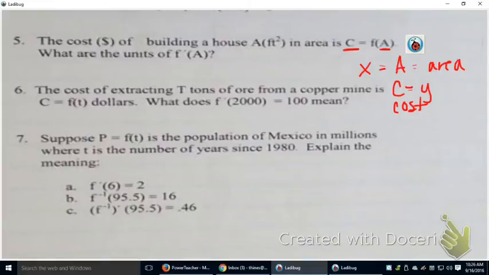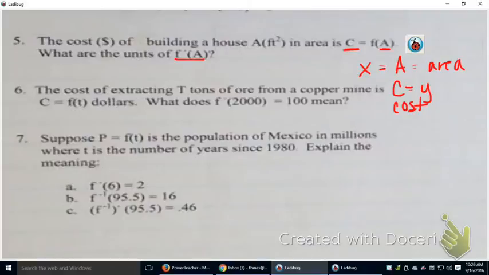So if I want to talk about the units, it's a rate of change. F prime of A represents a rate of change. It's how fast whatever Y is changing. So F prime represents how fast the cost of building the house would change based on the area.